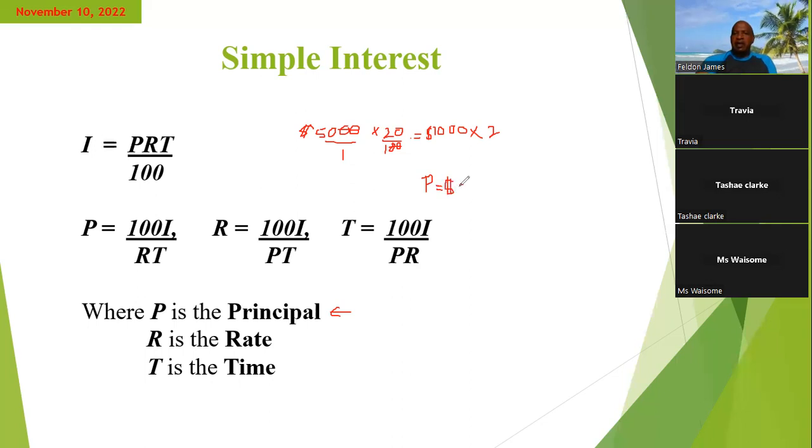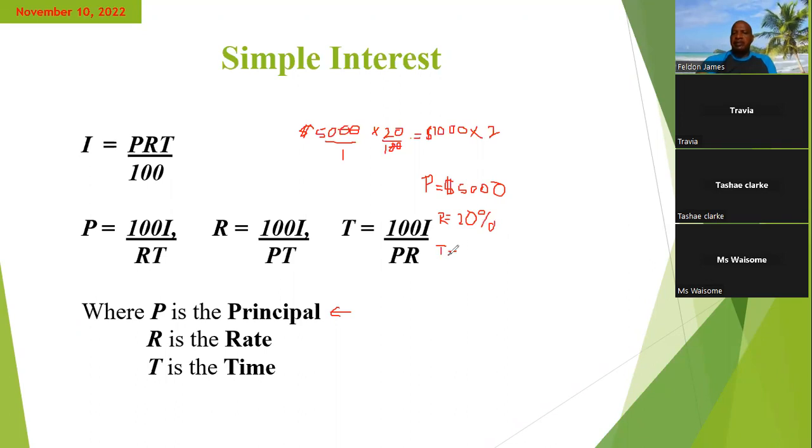$5,000. And then now our R would be equal to what? R is what? The 20%. R is the rate, which is given in percentage. So to find R, you always know that R is a percentage of the principal. So here now it will be 20%. And time simply means the number of years.